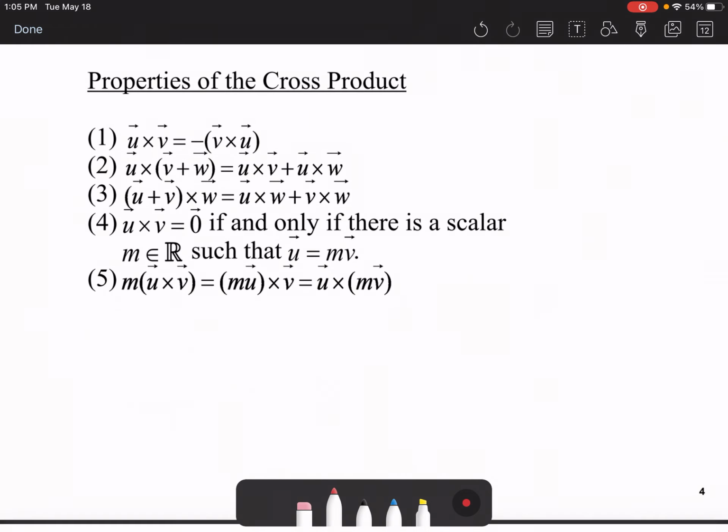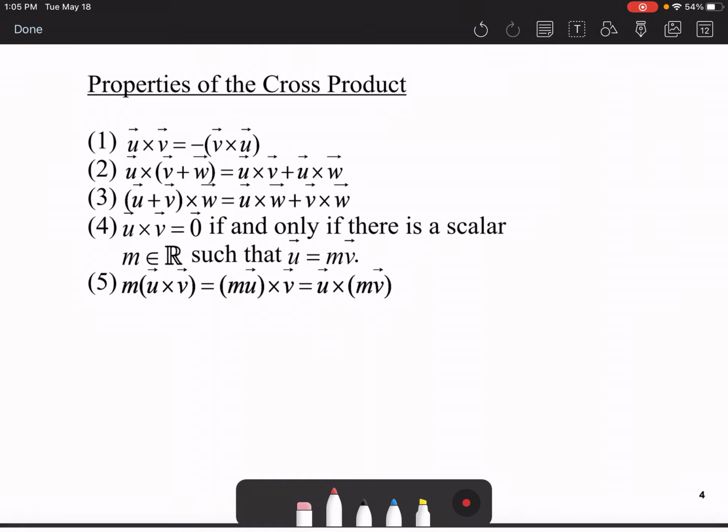Okay, some properties of the cross product. If you work out u cross v, and you work out v cross u, you actually find out they're in opposite directions to each other. It also forms a distributive property. So u cross (v plus w) is u cross v plus u cross w. Same thing if you put the vector at the end.